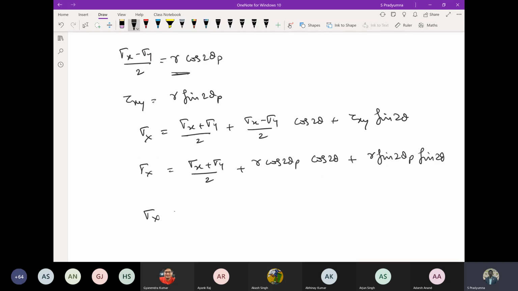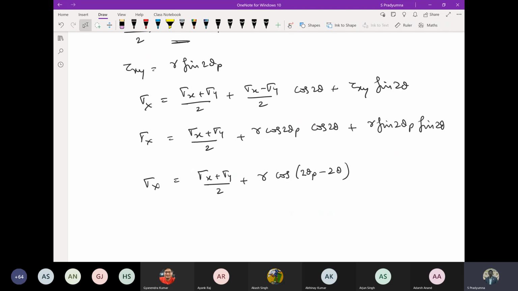Therefore, I can write this sigma capital X is equal to sigma X plus sigma Y by 2 plus R cos of 2 theta P minus 2 theta. So this is cos A cos B plus sin A sin B is equal to cos of A minus B. So that's what I have used here.